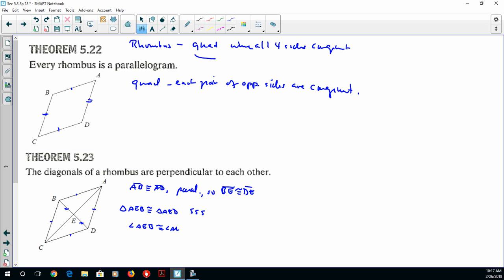Also, since BED is all in one line, forming a straight angle, the measure of angle AEB plus the measure of angle AED better be 180 degrees, but these are the same.